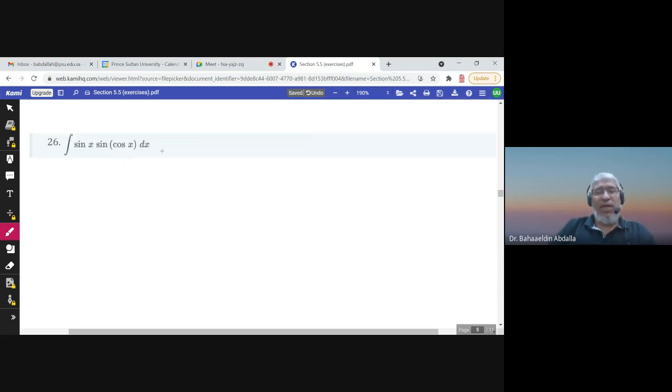I'll take cosine x here to be u, then du would be the derivative of cosine is negative sine. I have sine, I need a negative sign, so it would be negative. Negative sine x dx is du, and this would be sine of cosine, which is u.